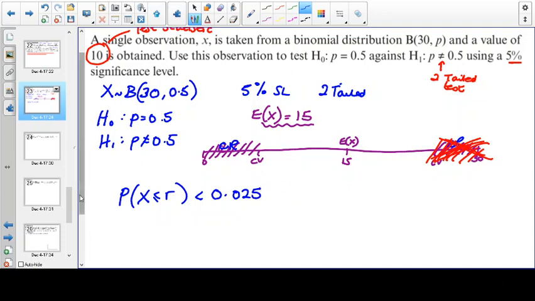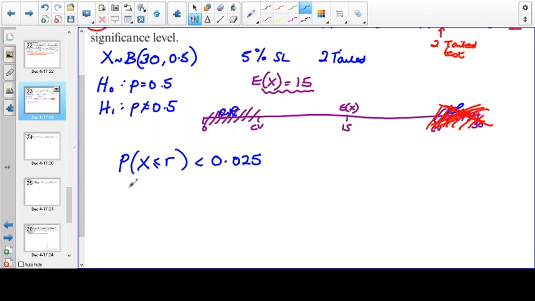Okay, so let's stick some numbers in. Let's start with 8. So if I type in 8 and 30 and 0.5, I get something really small, 0.0081.